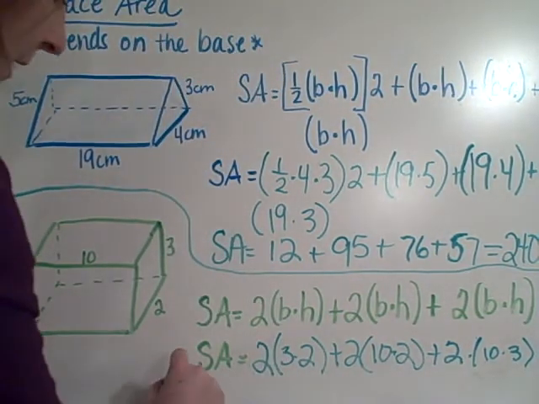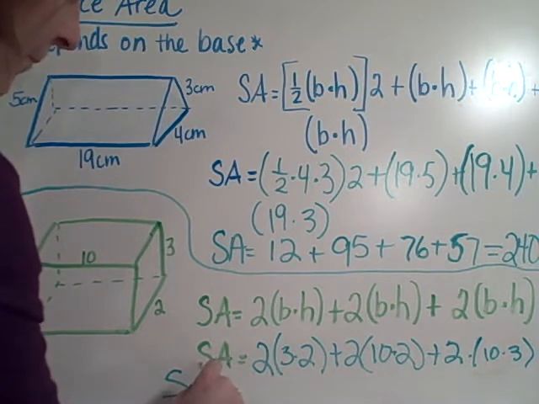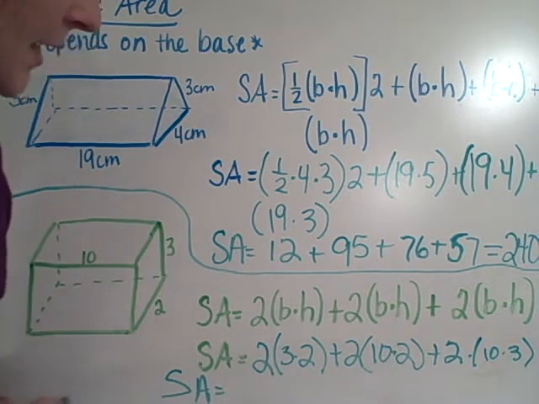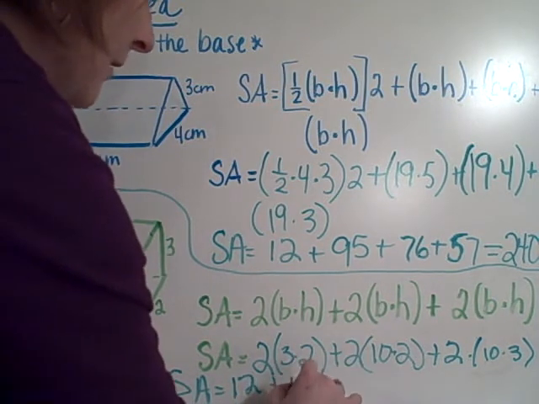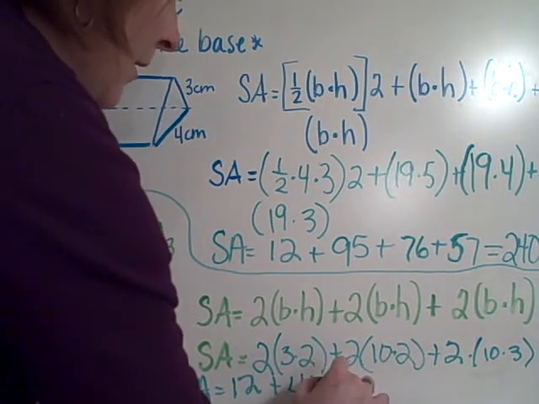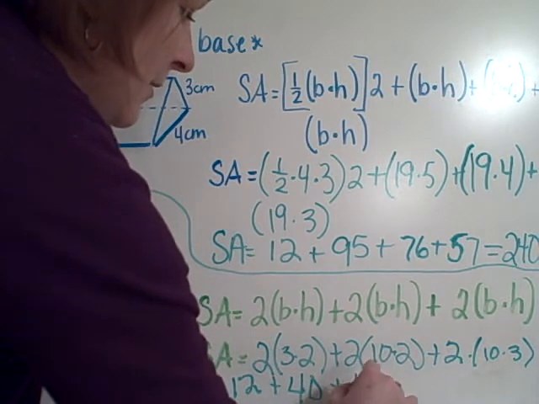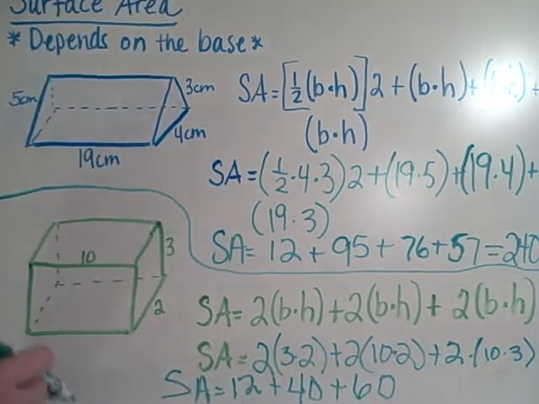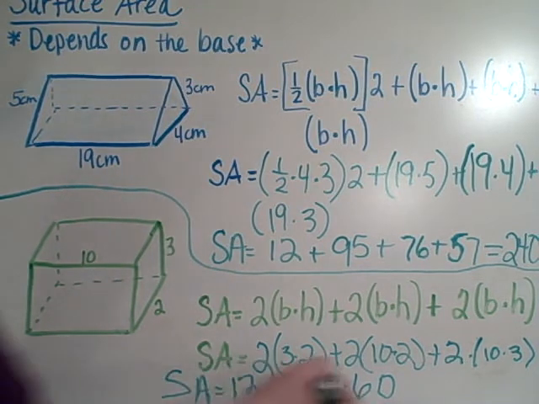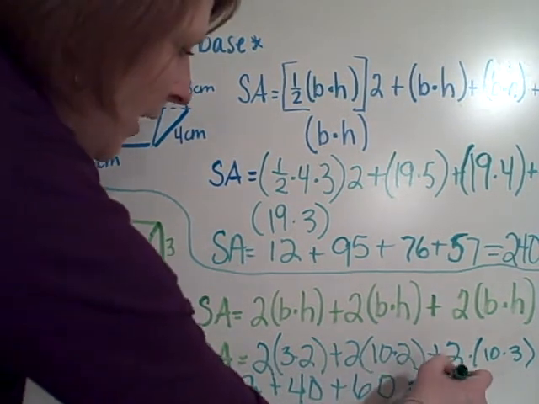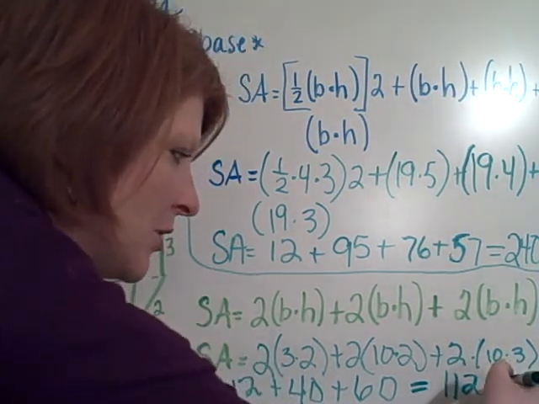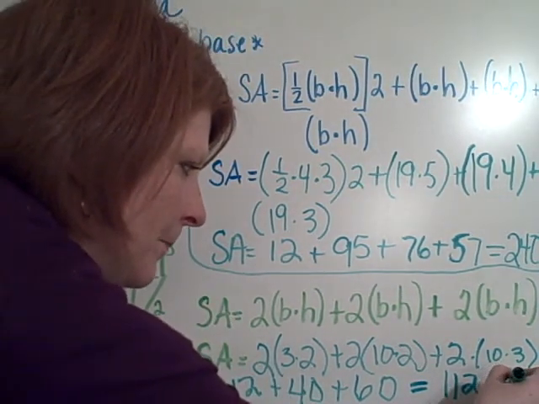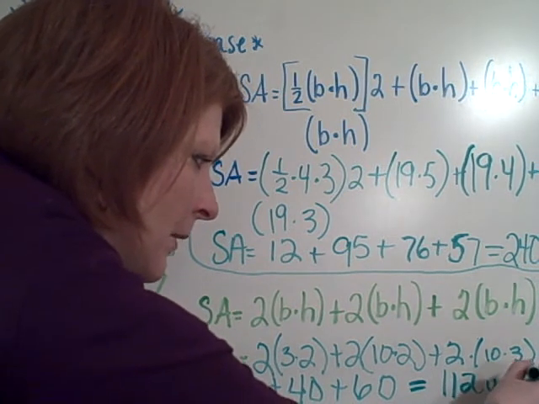Okay, so my surface area all together, 2 times 6 is 12, 2 times 20 is 40, 2 times 30 is 60, and I do apologize for my handwriting. That's quite a mess. That all together would give me 112. We're not dealing in centimeters, inches, so we're dealing in units squared.